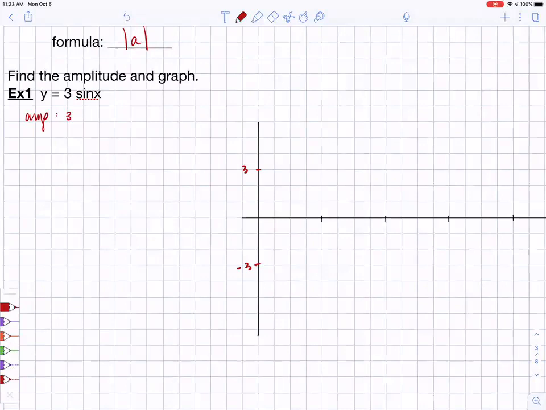All right, next. What's the ending of one wave of the parent sine graph? It's right there in your notes. Okay, you don't have to look too hard. What is it?